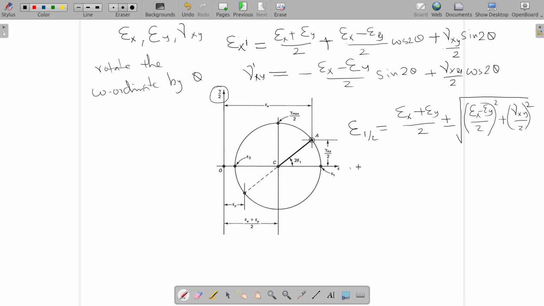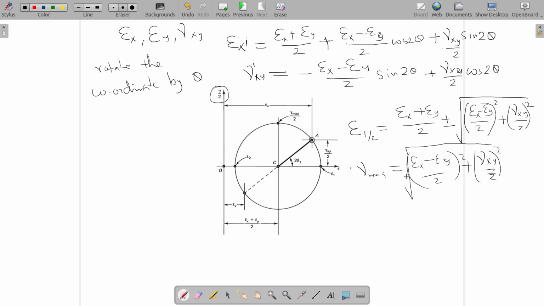The maximum value of shear strain will be equal to that radius part, which is the square root of epsilon x minus epsilon y by 2 whole square plus gamma xy by 2 whole square.